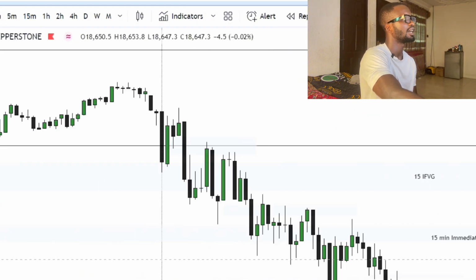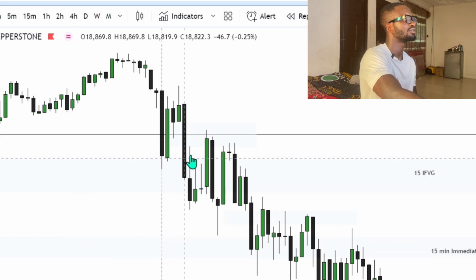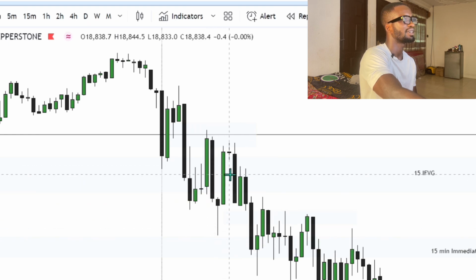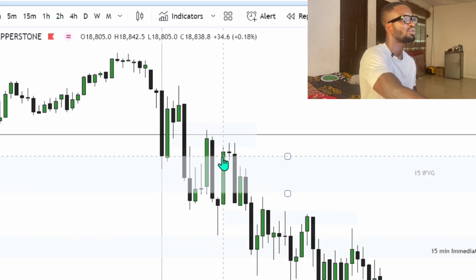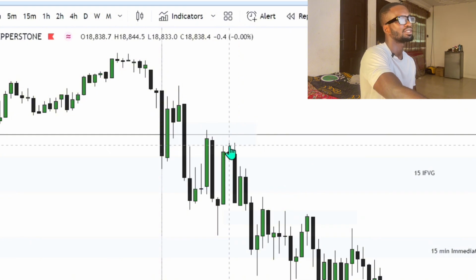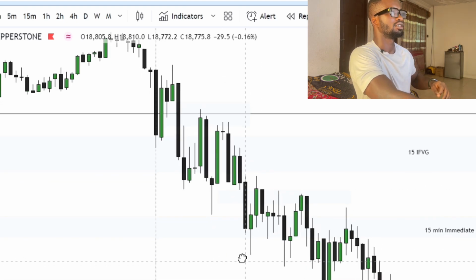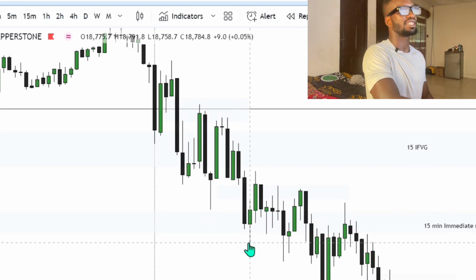So you see, after price traded into this fair value gap, it came lower. See how we entered this 15-minute fair value gap, and it just went above to touch the 1 minute time frame, and price went down again. So that's another confirmation, letting me know that yes, my entry is valid.